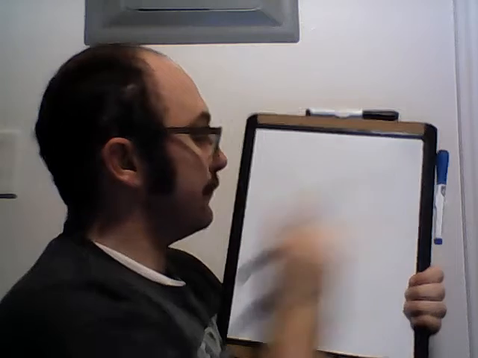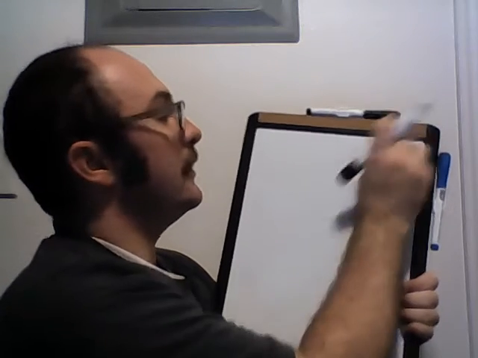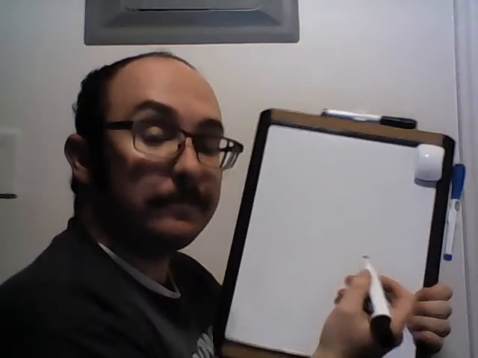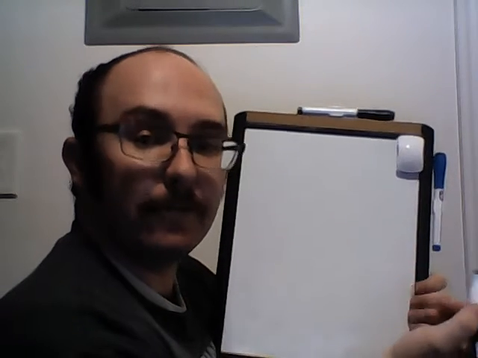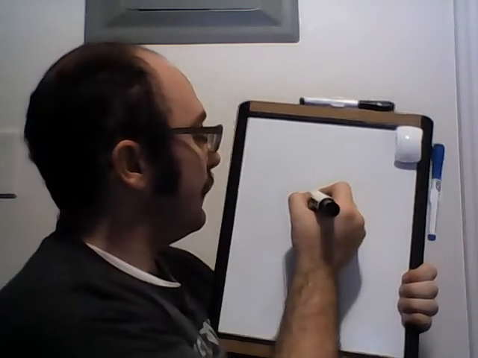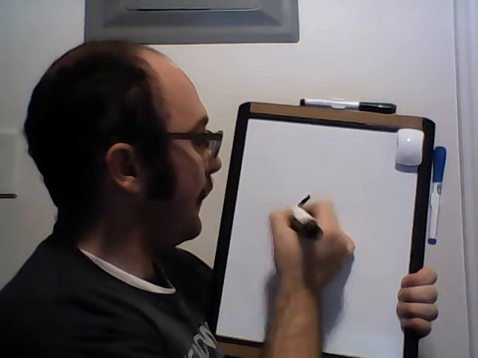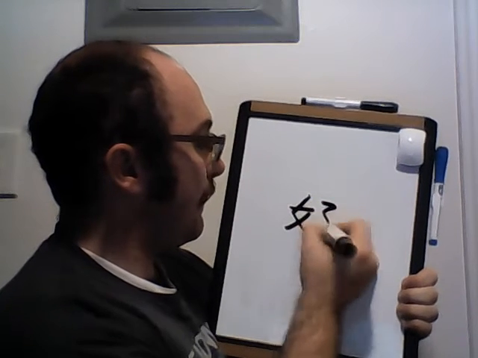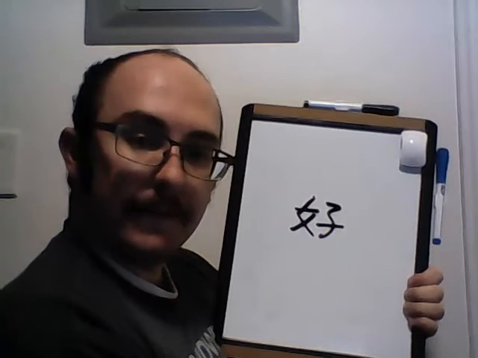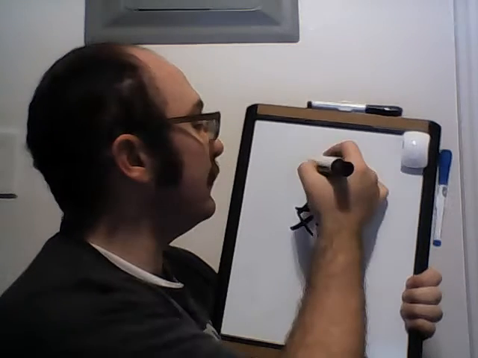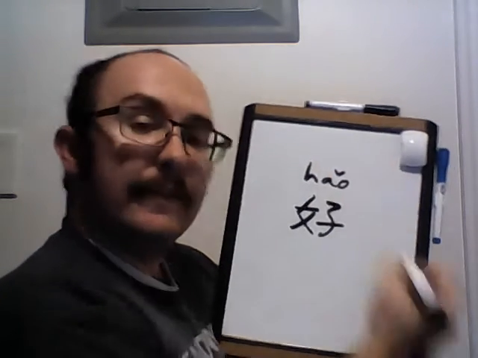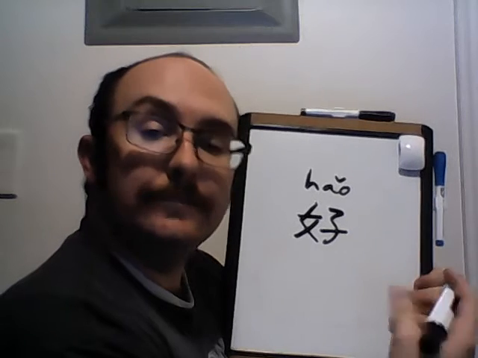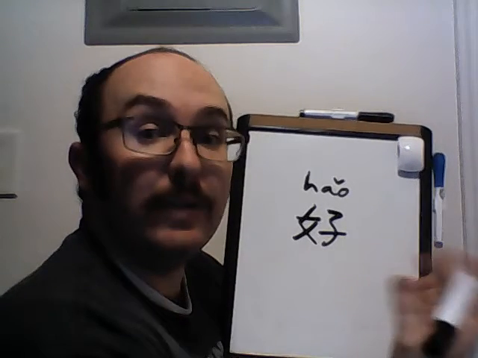Alright, so let's go over a verb so that we can use some of these together in a sentence. In Chinese, this is considered a stative verb. Hao, hao. This means good or well, or rather to be good or to be well.